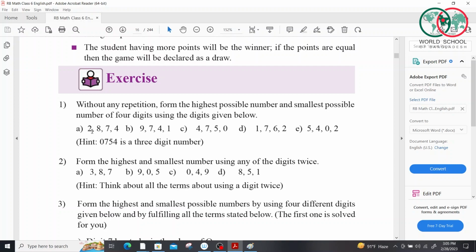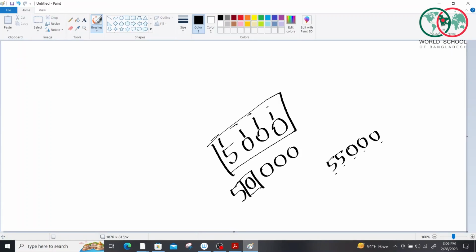So here it is given 2874. So we have to write the highest number. So we have to prioritize the highest value digit.